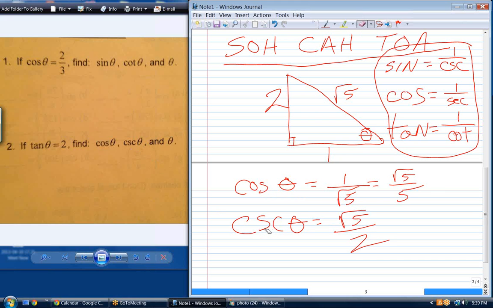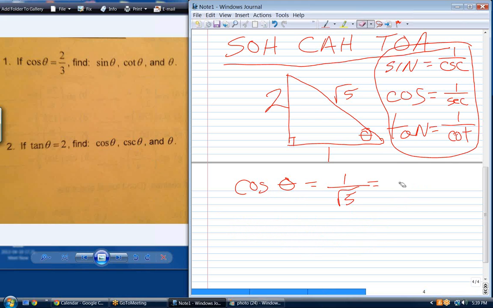What's theta? Starting with this, how do I solve for theta? Take the inverse, or arc.